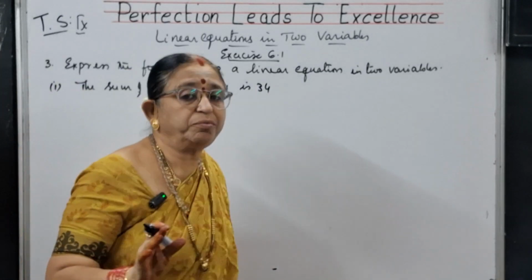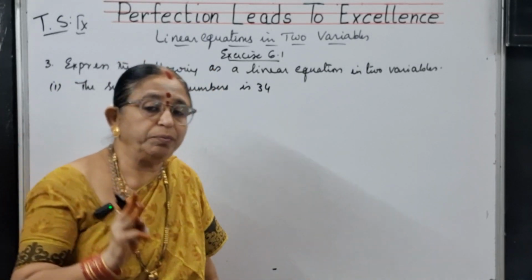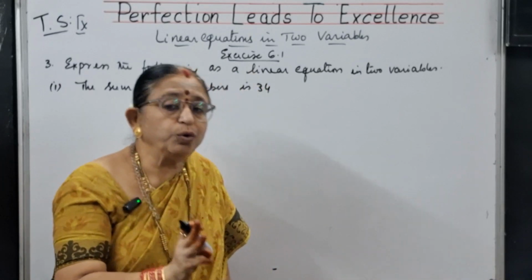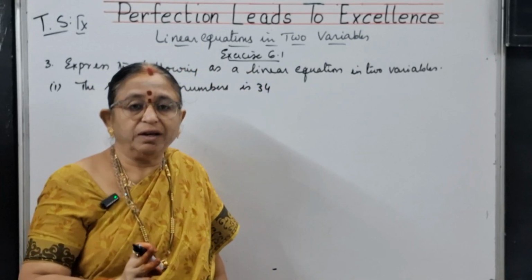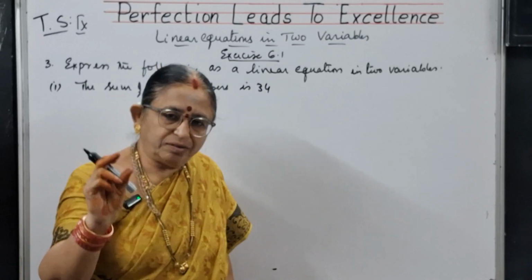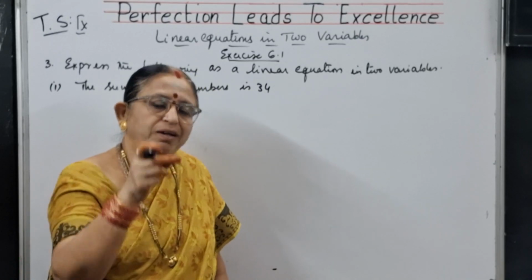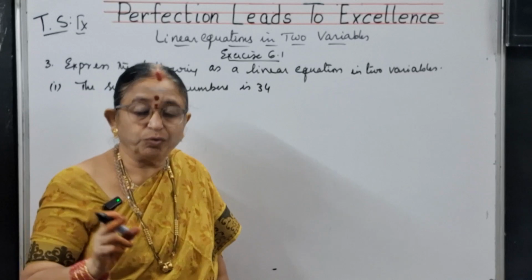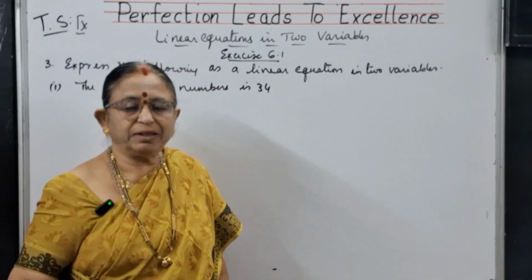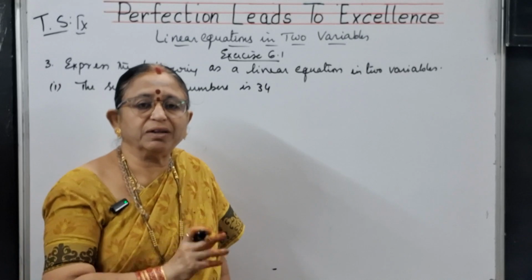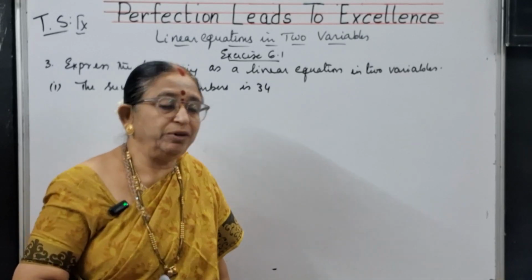For any statement, definitely you will be having two variables in that. So first, when you are reading the statement, you should understand what the two variables are. After knowing the variables, you can write the equation according to the statement very easily.